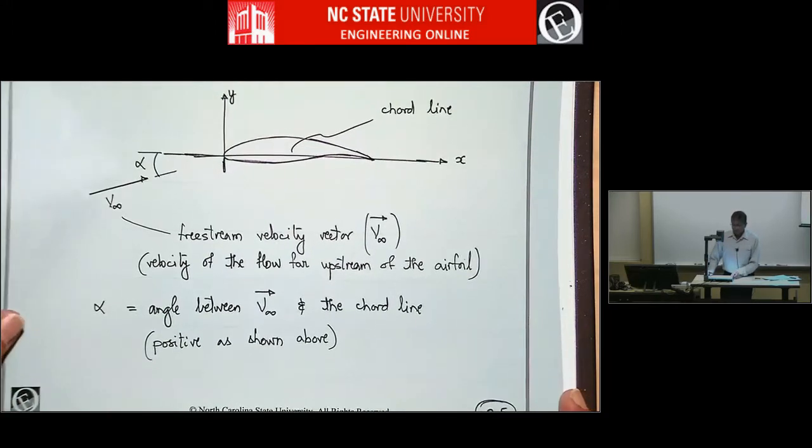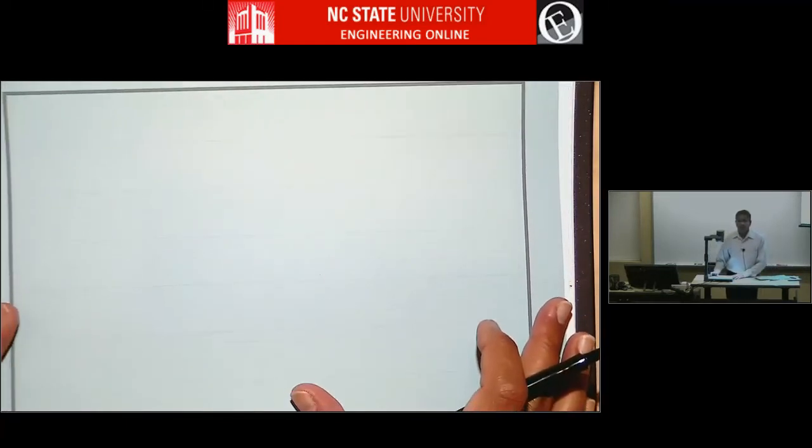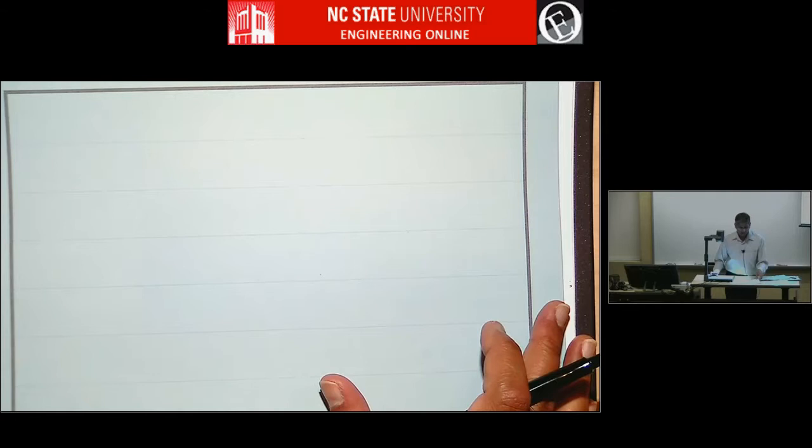And because we sometimes forget that this is the free stream velocity vector, people, even when they want to figure out what the angle of attack is in an application, run into trouble.